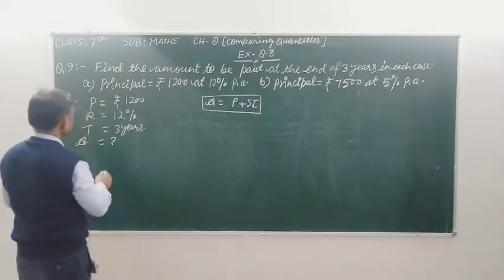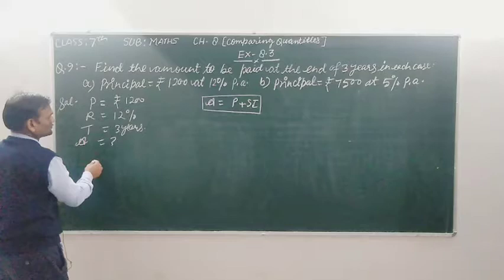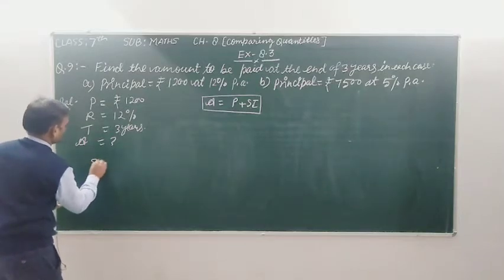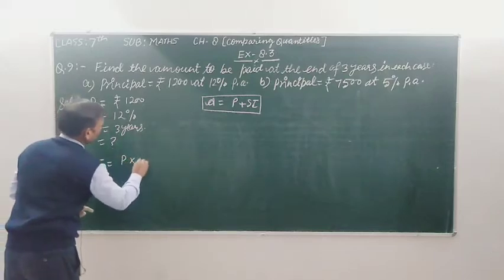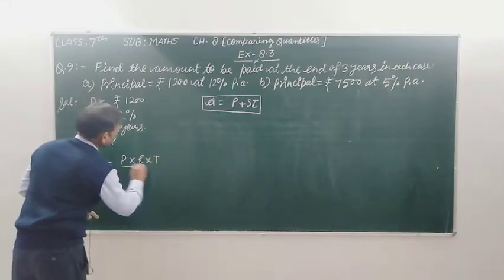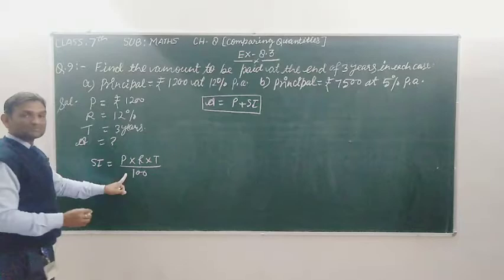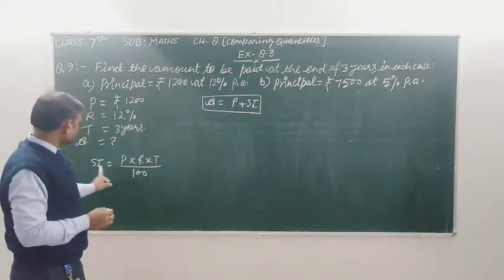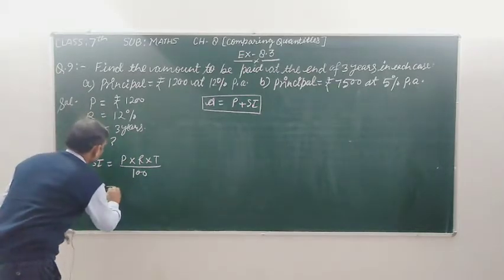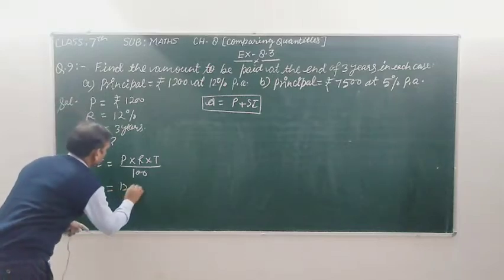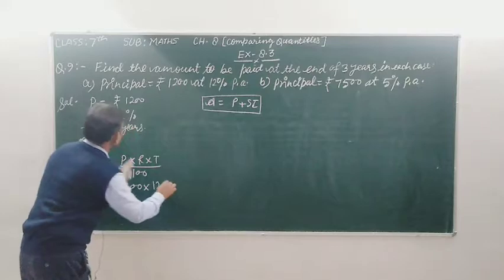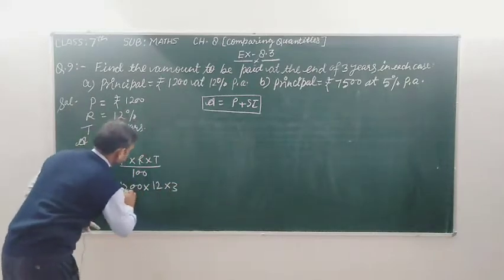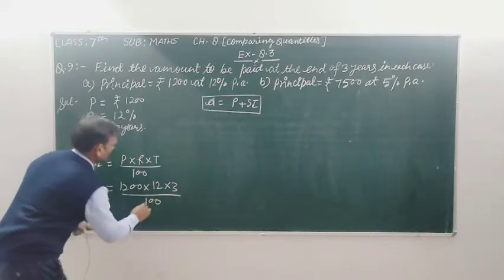So SI is equal to P into R into T upon 100. This formula we use for finding the SI, and P is given 1200 student, R 12, T 3 years upon 100.